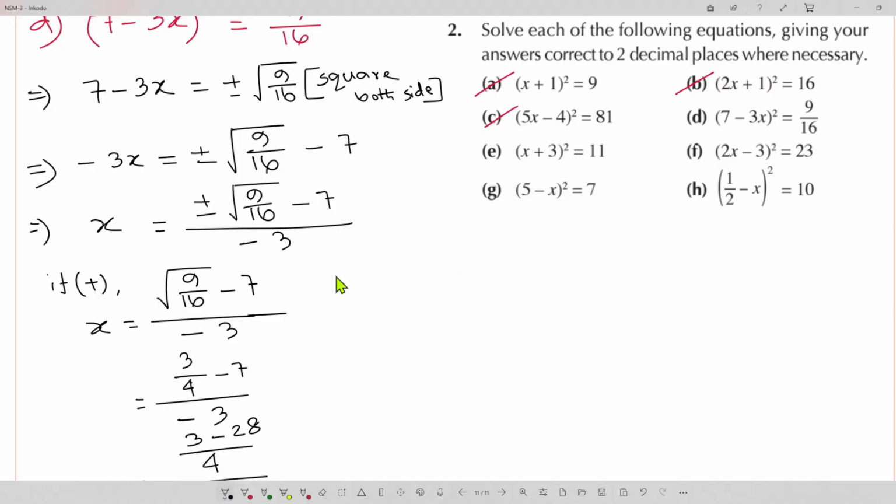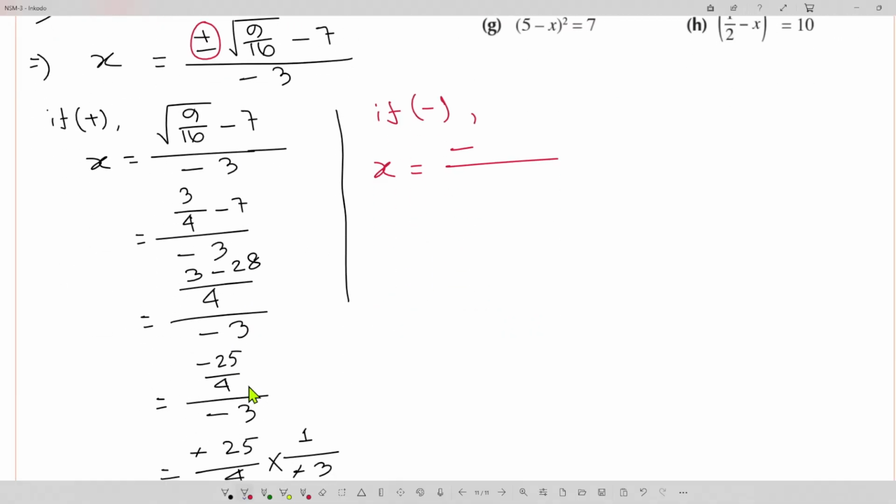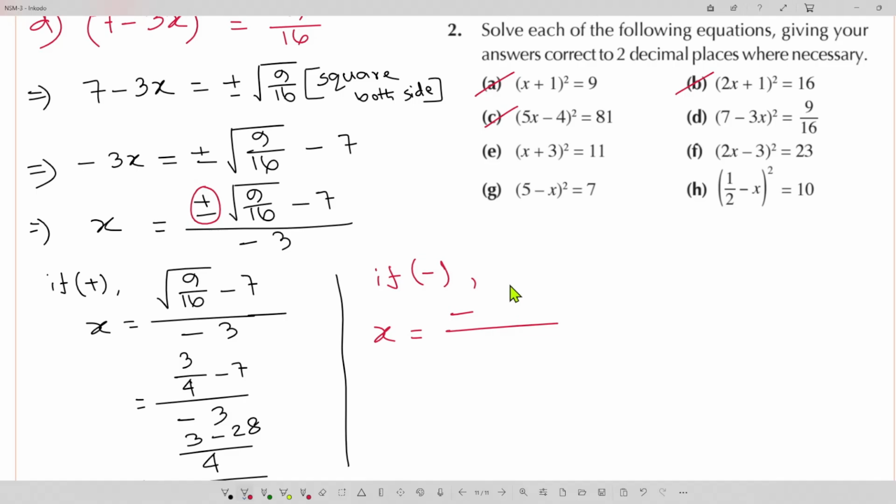Next, if negative, that time x equals, here minus, because here it is plus minus, we already got the value for the positive case, and here is minus root over 9 by 16 minus 7, divided by minus 3. So same thing, minus root 9 means minus 3, root 16 is 4, minus 7, divided by minus 3.